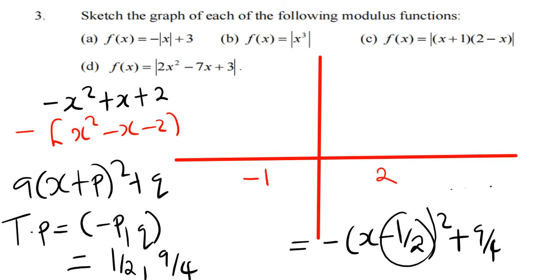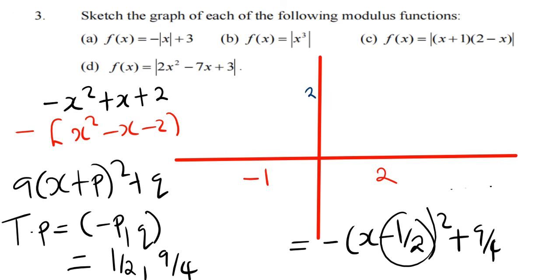To find the y-intercept, wherever there is x, put 0. So put 0 here, we put 0 there. So we're going to have 1 multiplied by 2, which will give us a 2. So I can put a 2 somewhere there. Alright. So this tells you something.